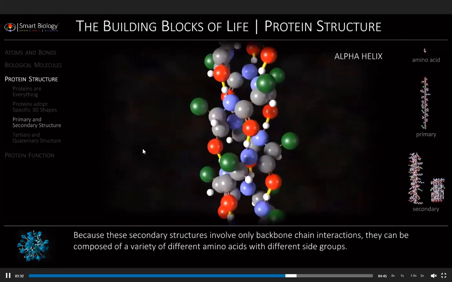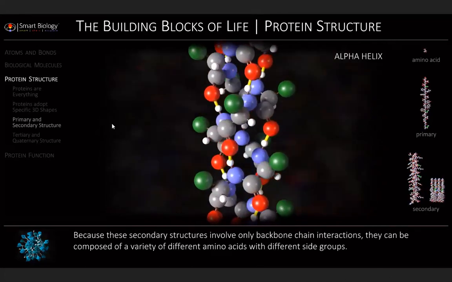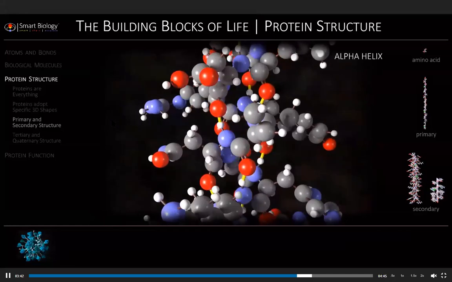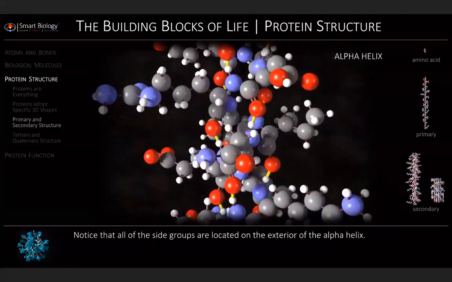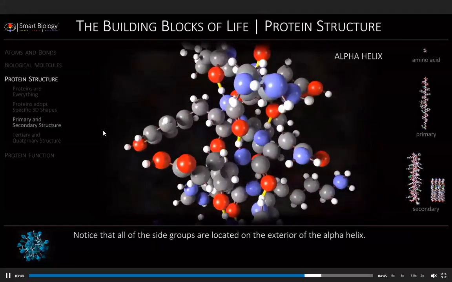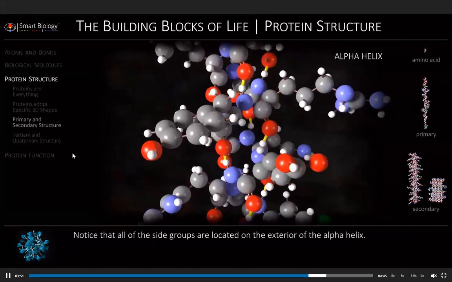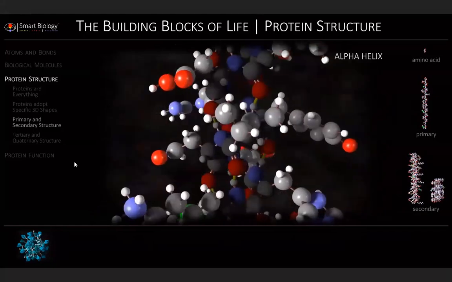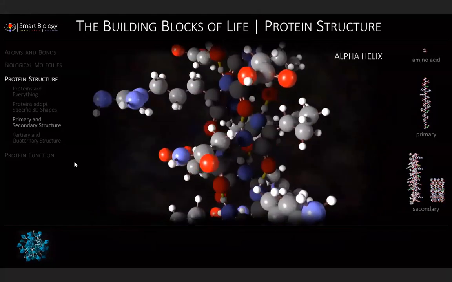Because they involve only the backbone chain, they can be formed with many, many different side groups. The side groups, the R groups, are not involved in the formation of these hydrogen bonds. The R groups are all located towards the outside, all sticking outside.